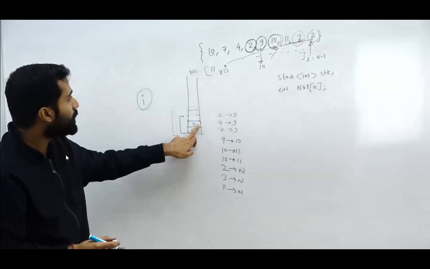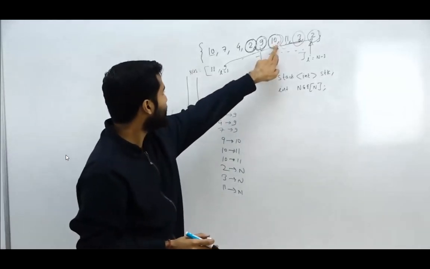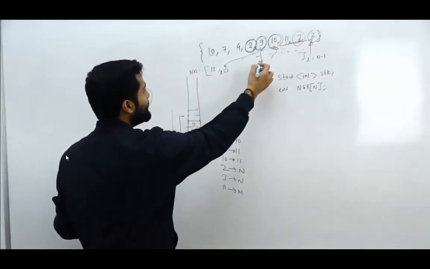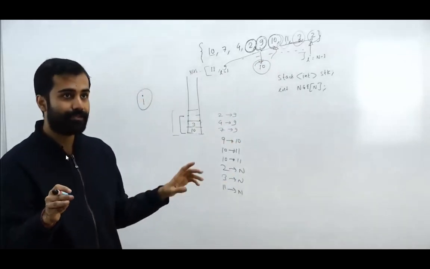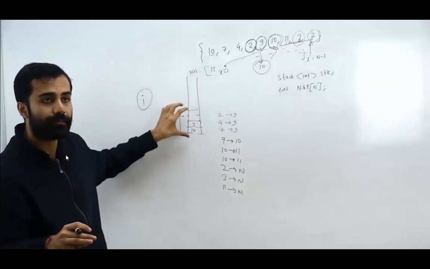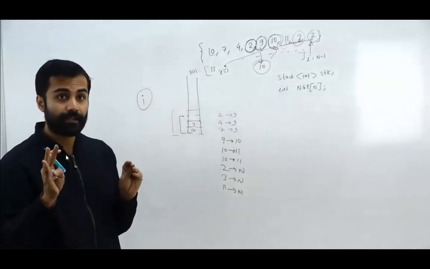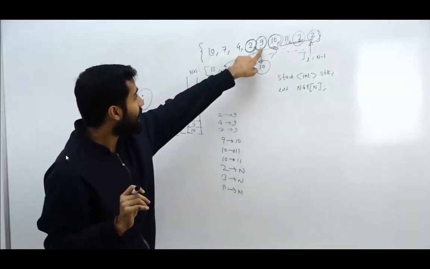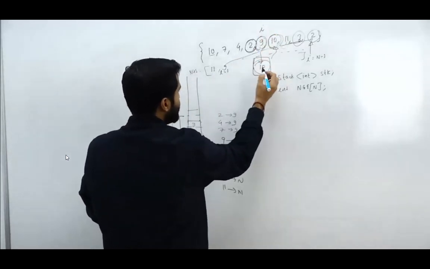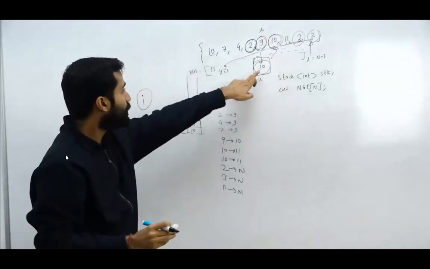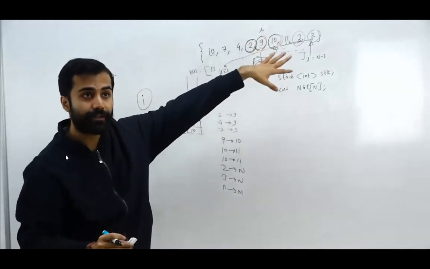Will you be able to put this 10, which is the next greater of 9, at this slot in the NGE array, just by seeing that you have 9 at the top of the stack? You see the question that I'm asking you. This 9 is at a certain index I, and at the same index in NGE of I, you want to put 10, which is the next greater of 9.